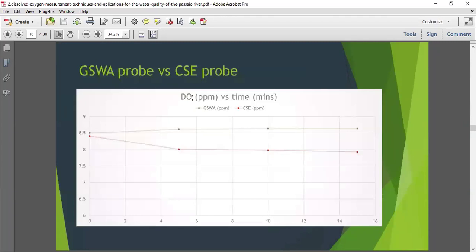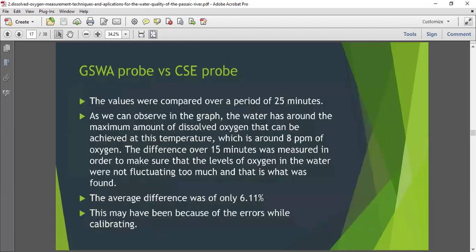DO ppm, what's the meaning? The parts per million. 8.5. GSWA probe versus GAC probe. The values were compared over a period of 25 minutes.